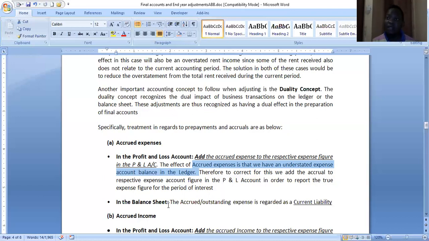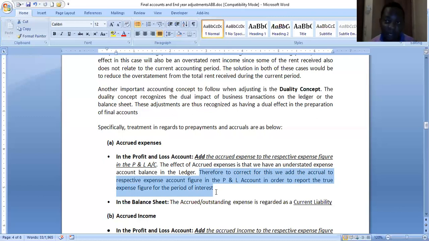If there is no entry, then there is an understatement. So the effect is that this expense will be understated, because we have not credited cash and we have not debited the expense. To correct for this, we add the accrued expense to the respective expense account.